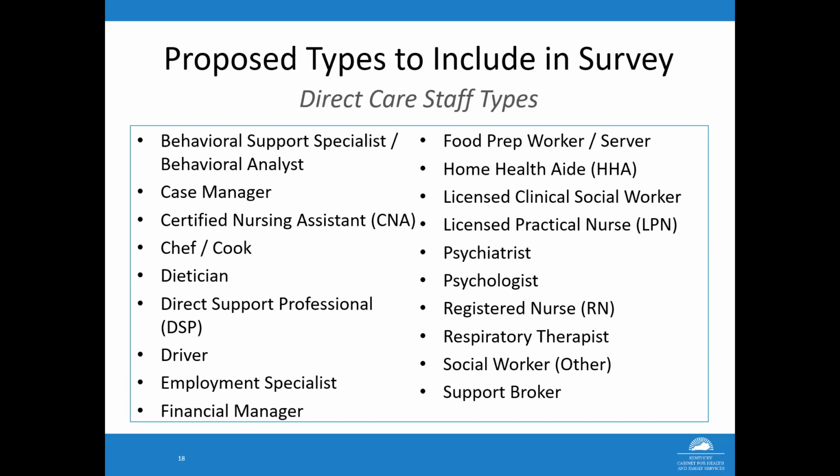For example, there may be somebody who has hired a medical appointment specialist, but that really is a service that should be part of maybe the case manager or part of the direct support professional. So we want to make sure we capture the cost of the task that they should be doing as part of what's expected of them, and that we don't create these other categories for things that don't necessarily exist within the waiver.